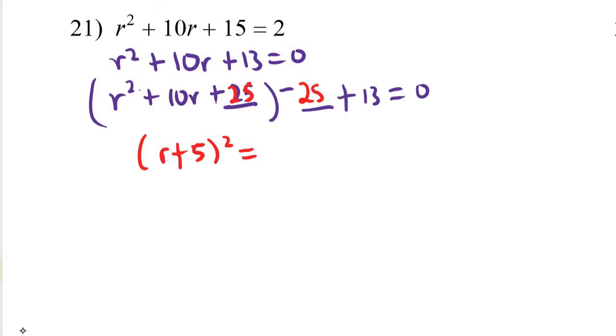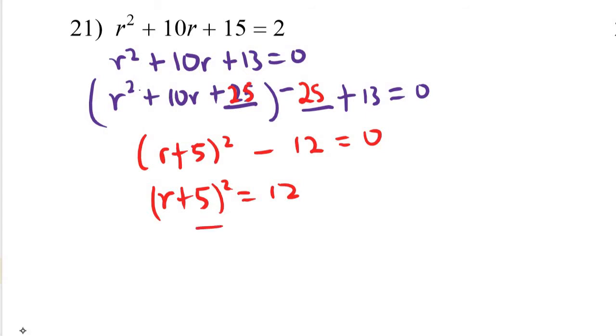So negative 12 will be here, and now it's minus 12 equals 0, and then we can add 12 to both sides. r plus 5 squared equals 12, and then we can take the square root of both sides like this.